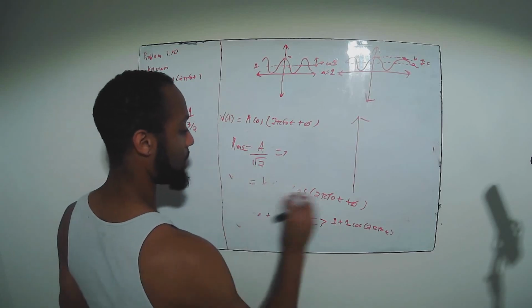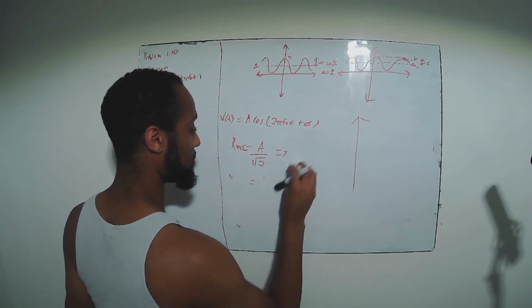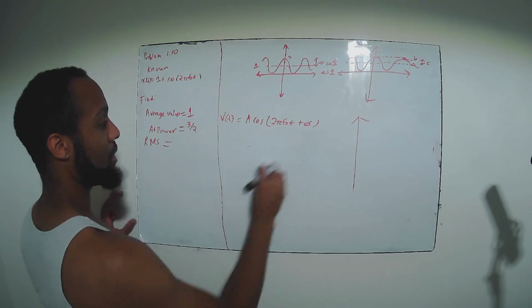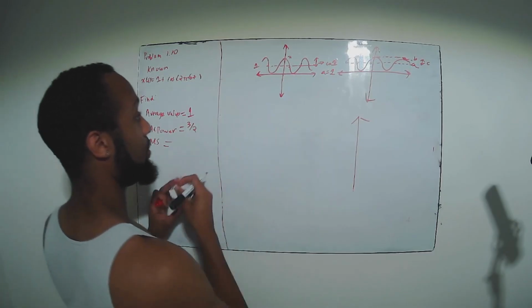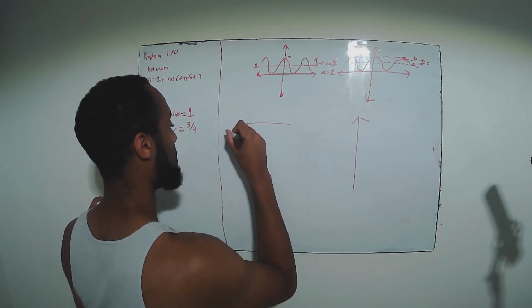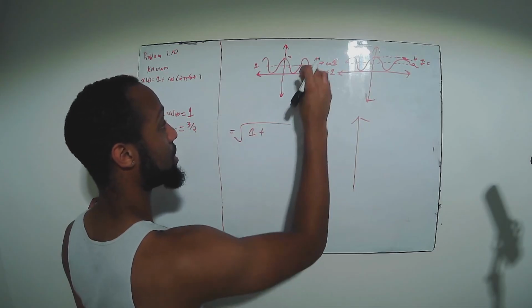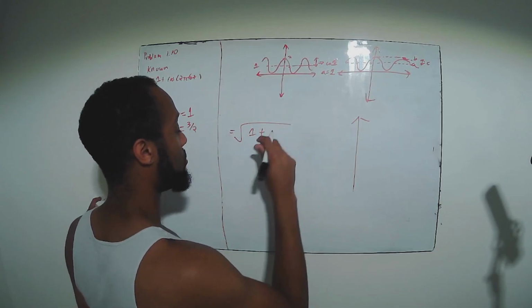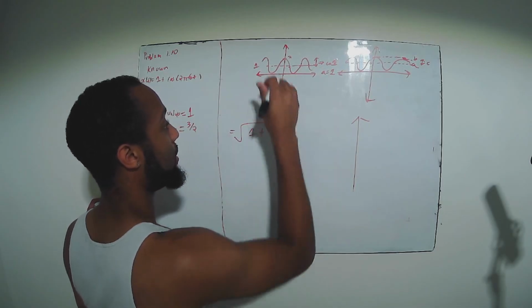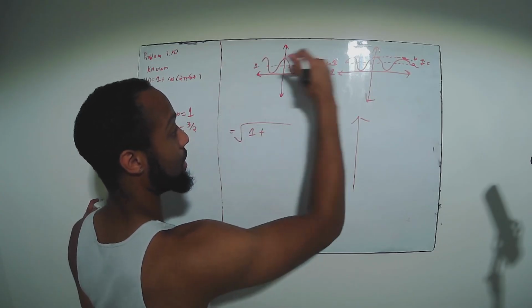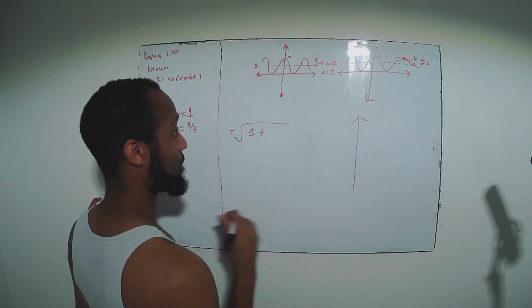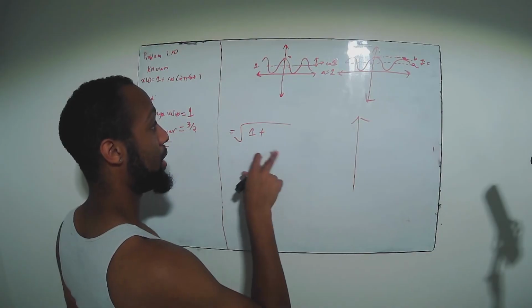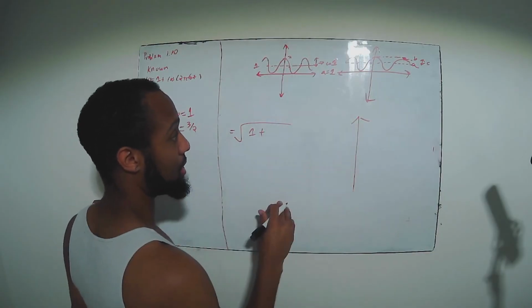So with all of that in mind, now we just need to calculate the VRMS. The VRMS is going to be equal to 1, which is this horizontal, plus, actually you take the average value. The average value is 1 here, which is the horizontal that cuts the graph in half, and then you add it plus the distance to the highest peak.